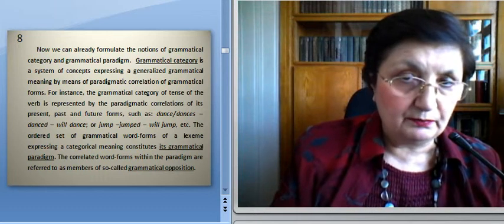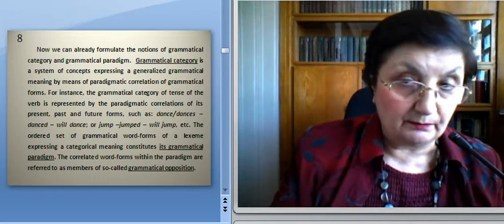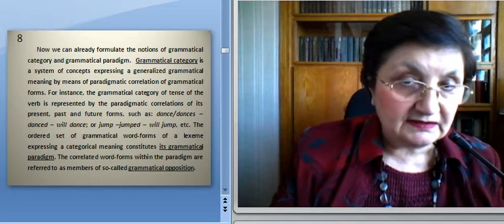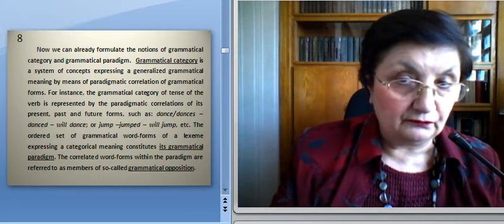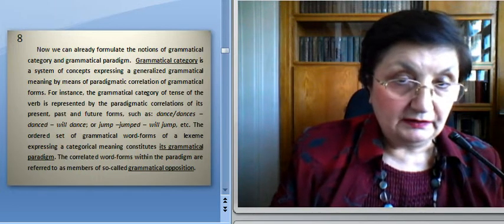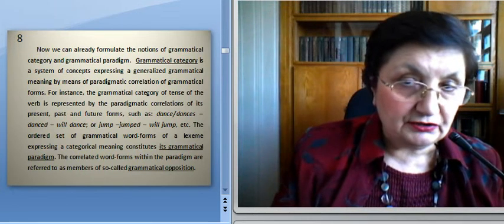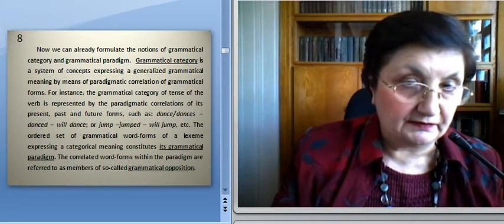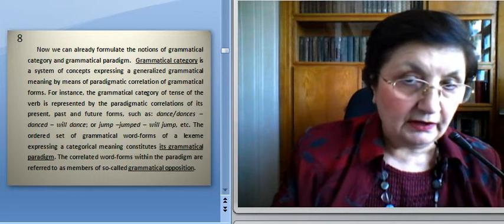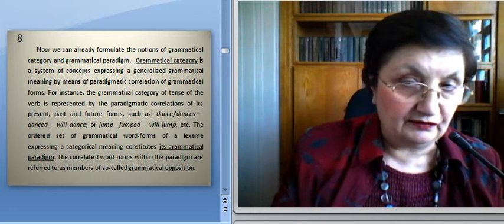The ordered set of grammatical word forms of a lexeme expressing a categorical meaning constitutes its grammatical paradigm. The correlated word forms within the paradigm are referred to as members of so-called grammatical opposition.